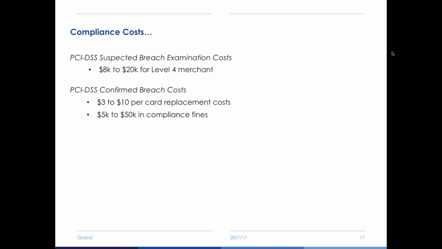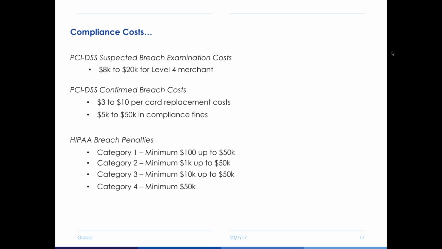That can run anywhere between $8,000 and $20,000 for a level 4 merchant. If there is a confirmed breach, you're looking at a cost of anywhere between $3 to $10 per card replacement cost, as well as $5,000 to $50,000 in compliance fines.